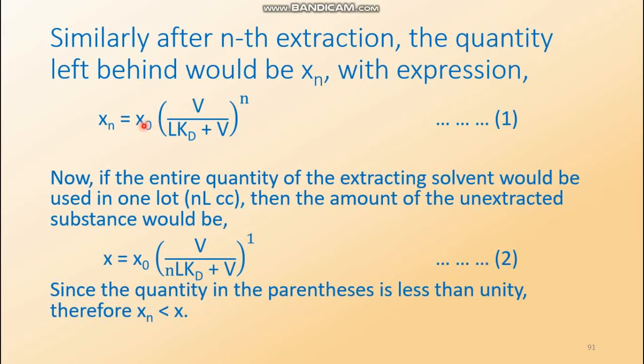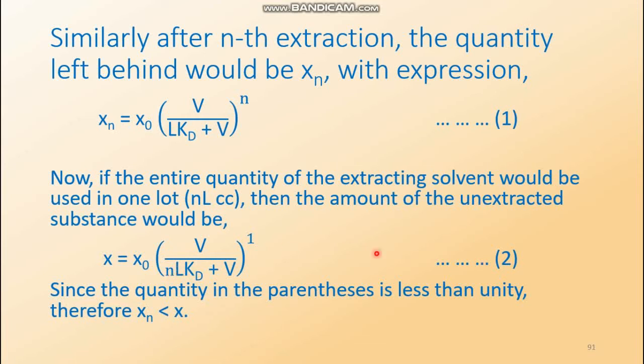Okay. And let us say the unextracted solute, in that case, is written as X. Then what should be the expression of X? All the things are the same, only in 2 places we are making the change. Here in the power, instead of n we are writing 1, and instead of L we are writing nL.